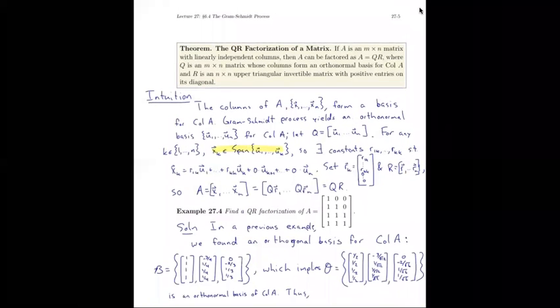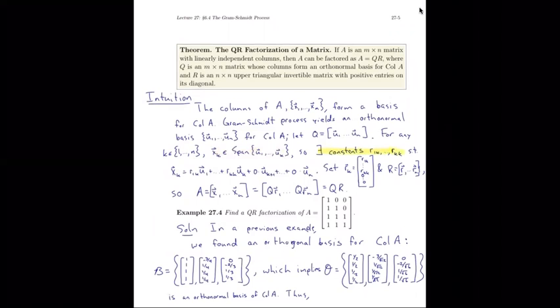So since xk is in this span, there exist k constants, r1k through rkk, such that xk, that column vector, is equal to this linear combination r1k u1 up to rkk uk, and then anything after that is just zeros times all of our basis vectors past the kth basis vector, up through the nth basis vector in our orthonormal basis.